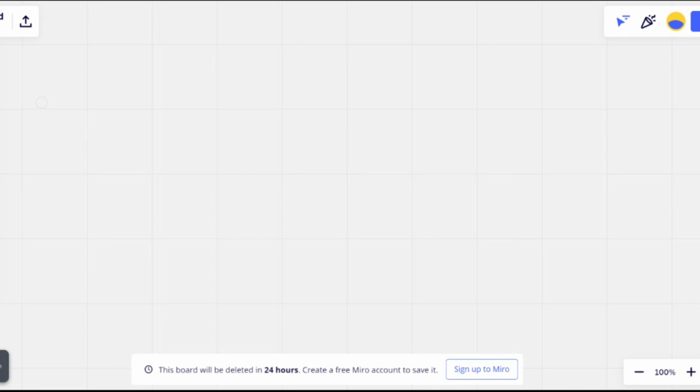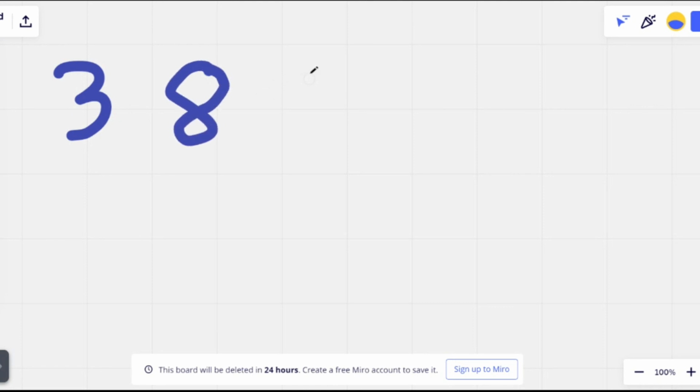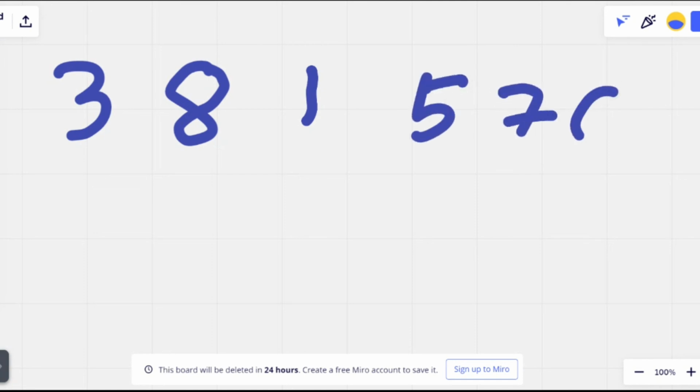They will give certain numbers, like 3, 8, 1, 5, 7, 6, which looks like a postal code: 381576. They will ask how many numbers remain in the same position if they are rearranged in ascending order.